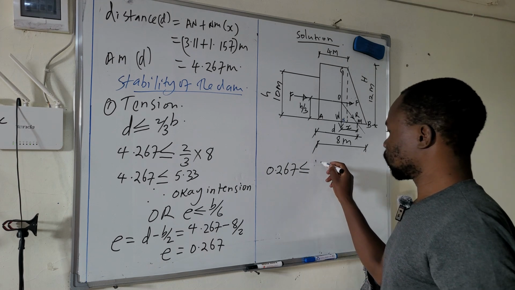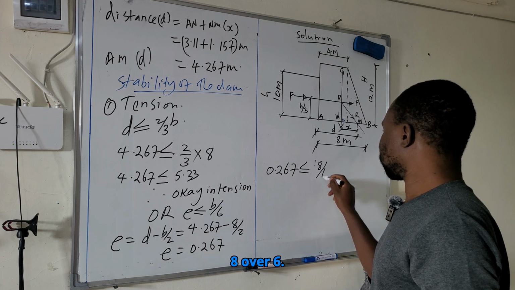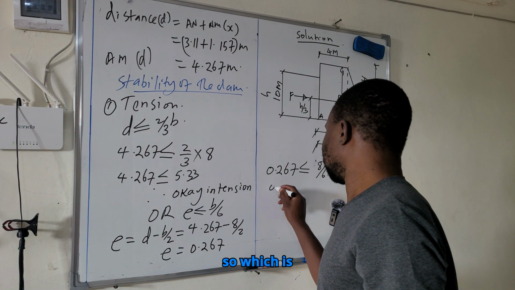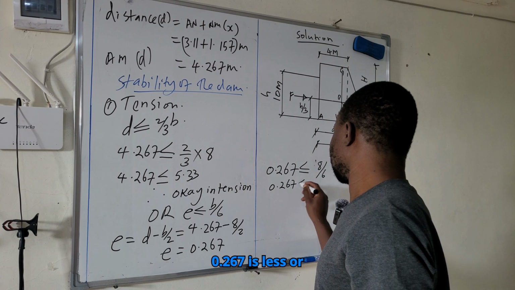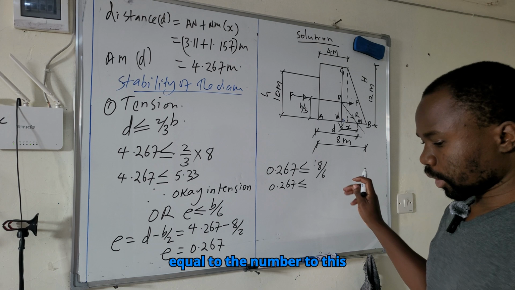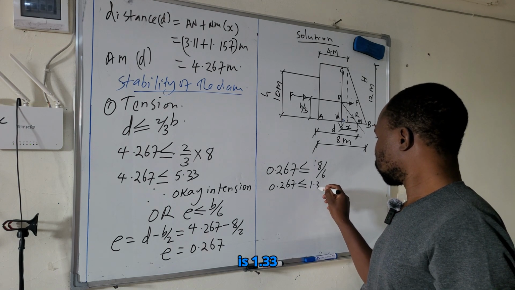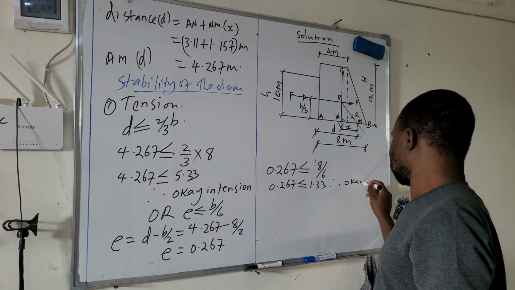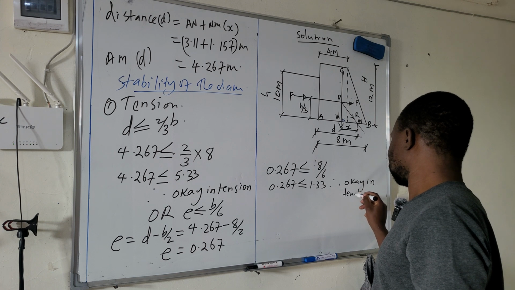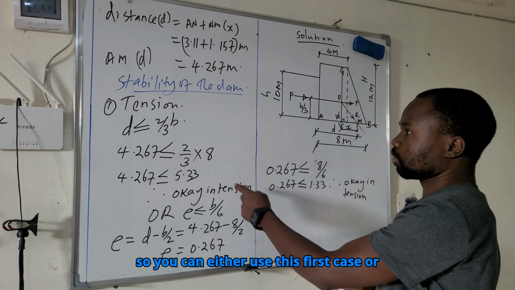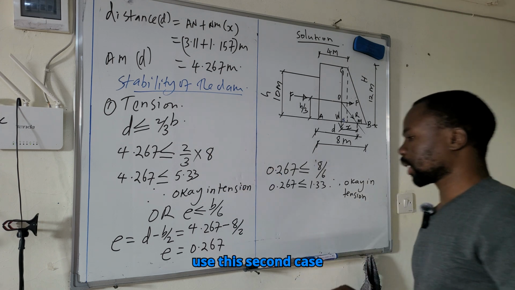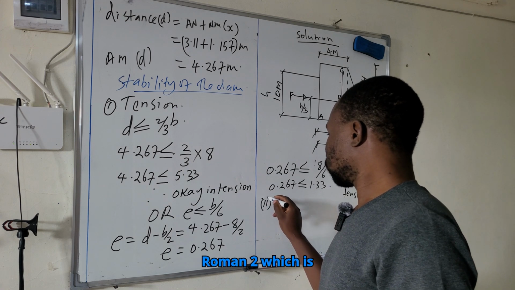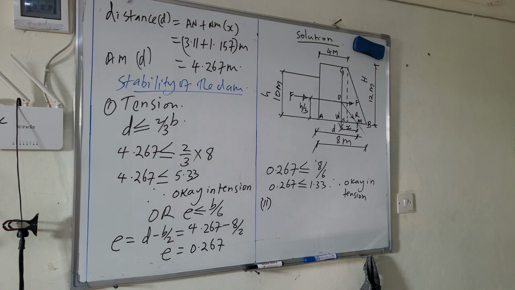B is 8, so 0.267 is less or equal to 1.33. So okay in tension. You can either use this first case or use this second case. So we proceed to Roman 2, which is overturning.